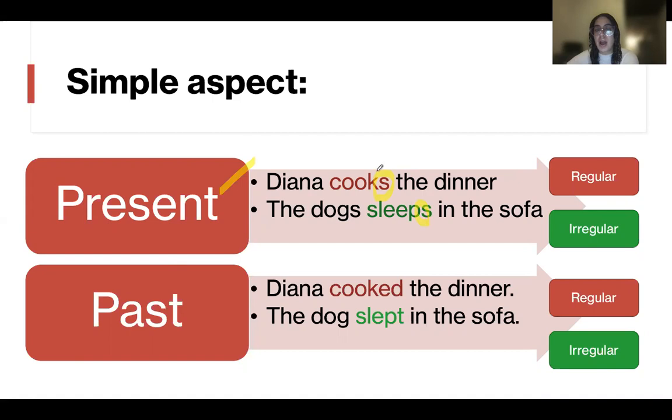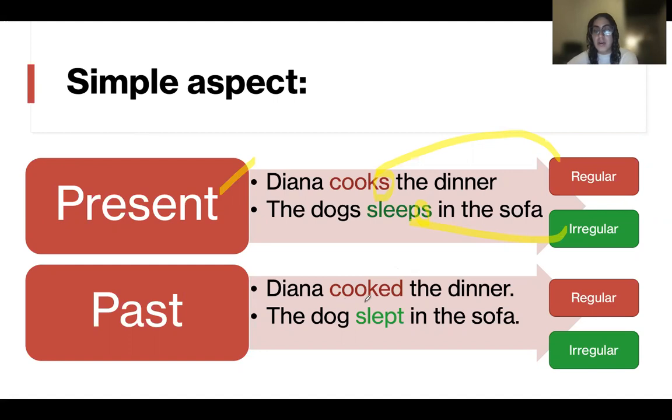And we have here a regular verb and also an irregular verb, because we have both types of verbs. But when we're talking about past, within the simple aspect, we don't have to add an auxiliary, or we don't have to use infinitives or gerunds in order to give coherence to the sentence.